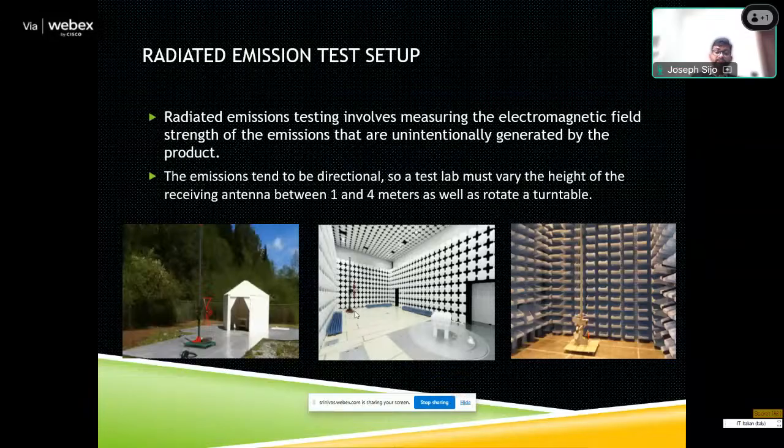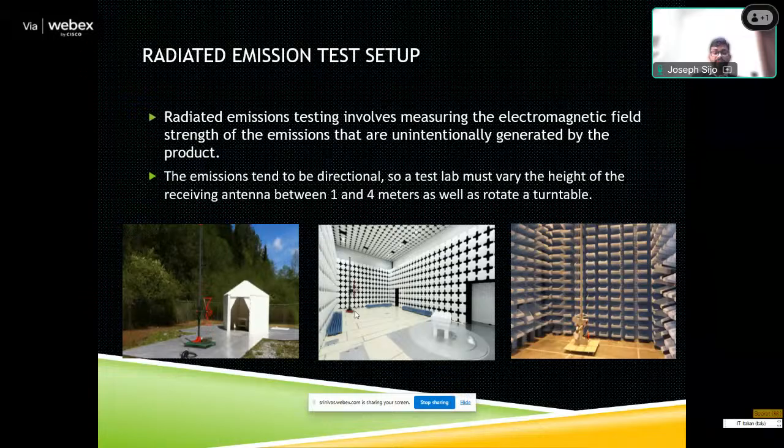And the anechoic chamber is mostly used for complete electromagnetic measurements and also acoustic measurements, because they have to make sure there is no loss or interference from other devices.